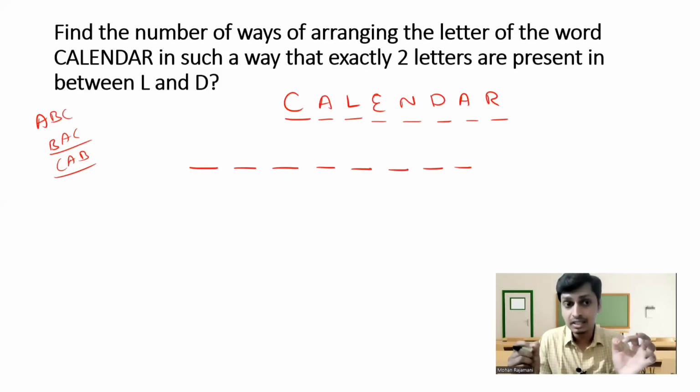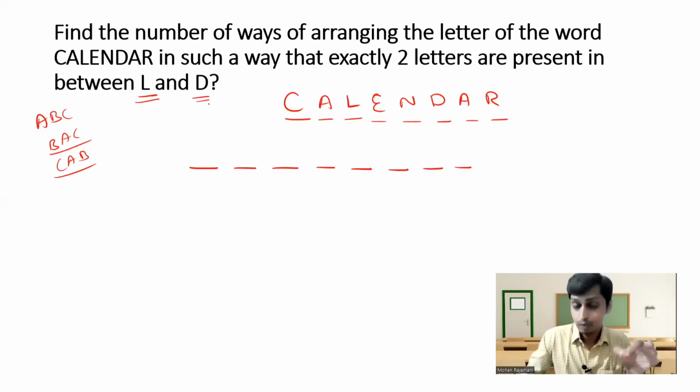But what is the condition? The condition is you have to get the 2 letters L and D, and there should be 2 letters present between them. So for example, if you place L here, you can place D here. And if you place L here, you can place D here, right?